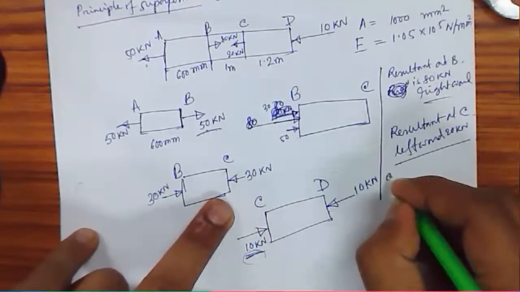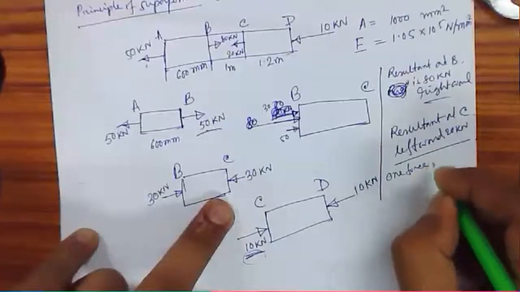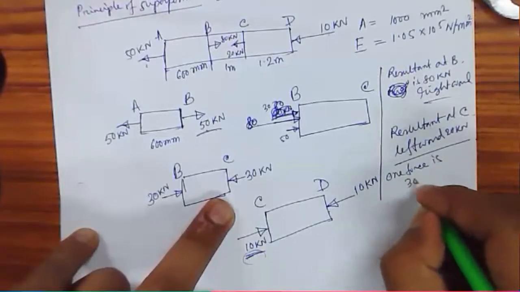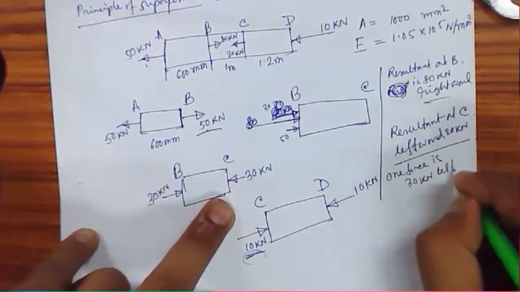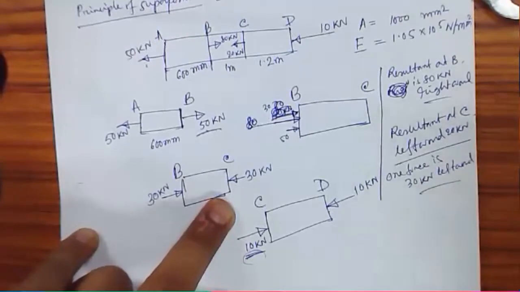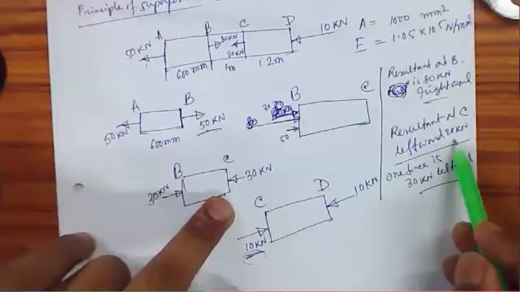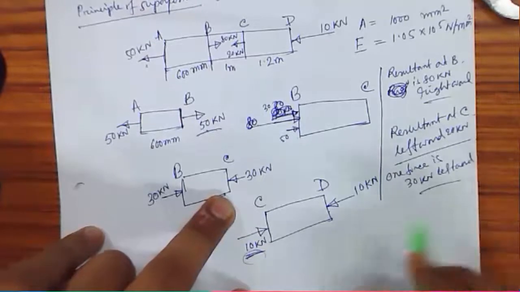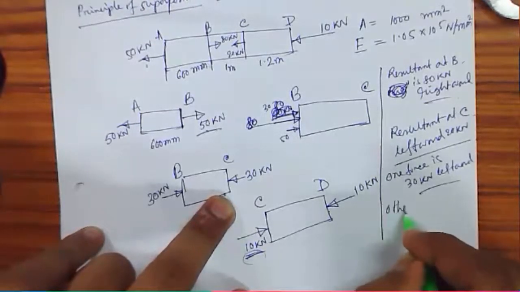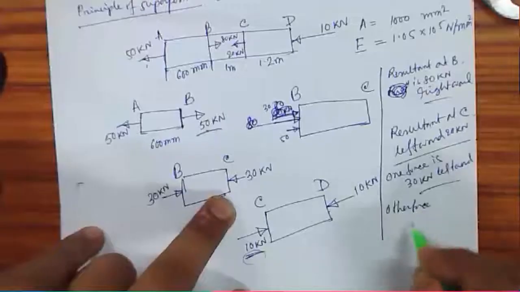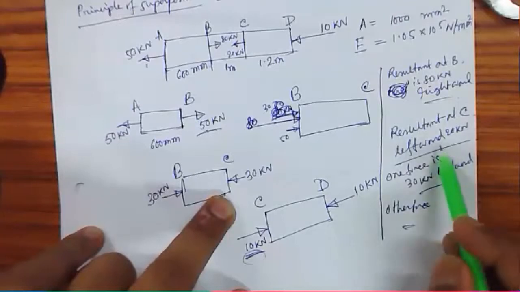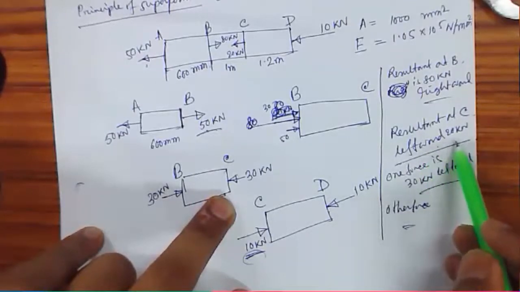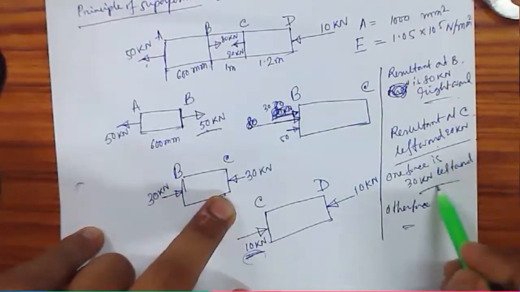So one force is 30 kilonewton leftward, and the leftward resultant is 20. One force is leftward 30. So what will be the other force? Look at this condition. Resultant is leftward 20. One force is leftward 30. What will be the other one?